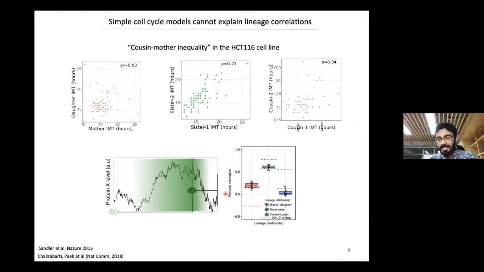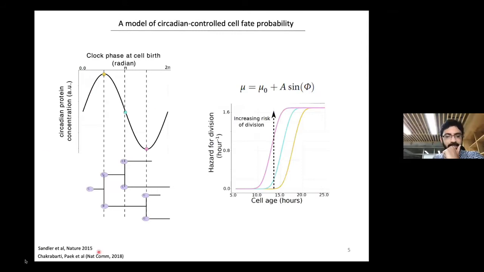So of course, the natural question is then what extra thing do we need to put into our models to be able to understand this kind of phenomenon? It turns out that in this paper from the Balaban group, they had suggested a toy model where there is some kind of external deterministic control over the cell cycle, and they posited a circadian rhythm mediated control of the cell cycle that may give rise to these kinds of correlations.